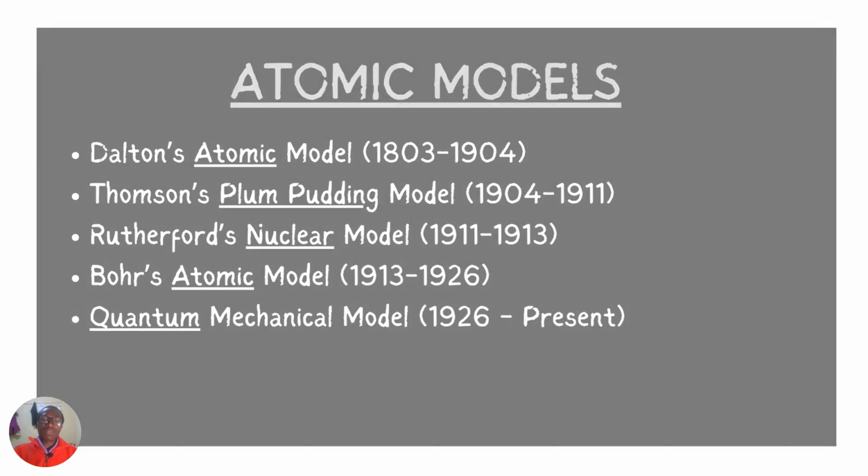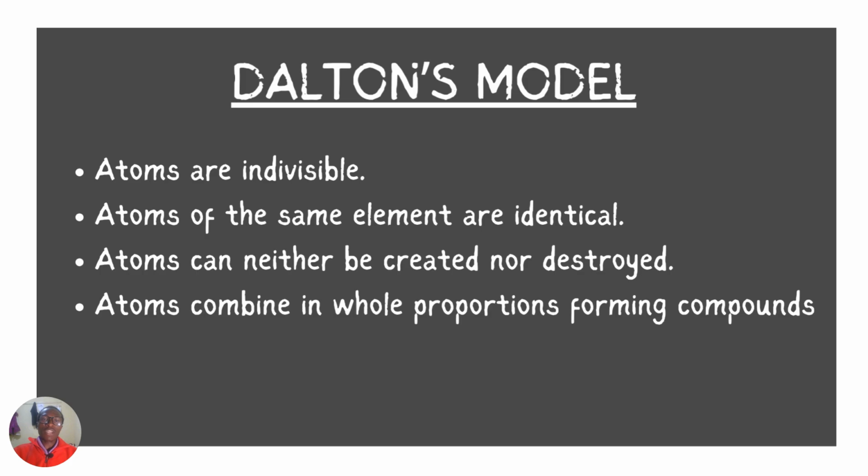So let's start with the first one, Dalton's model. First of all, Dalton postulated that atoms are indivisible. So at the time, they were the smallest particles that make up matter. And he also said that atoms of the same element are identical. This is also very important, although it came to change, but by then, it was a very huge observation.